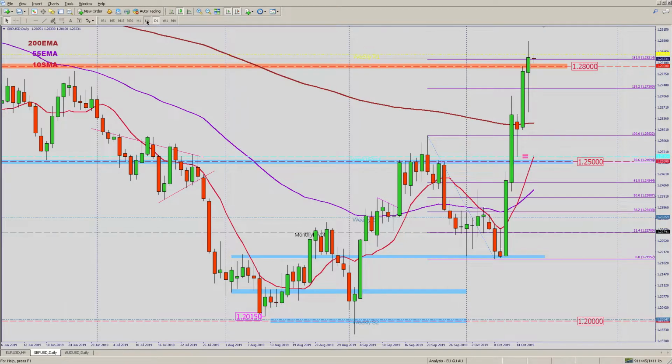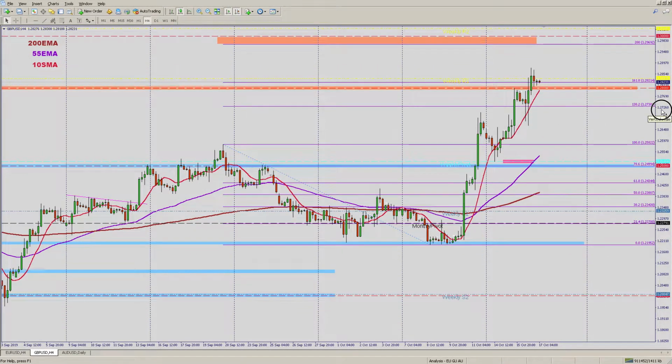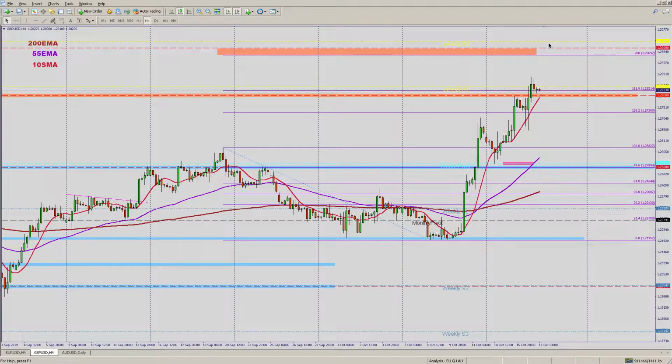All right, let's take a look at the 4-hour time frame. So the next target higher up, if positive news comes out from the negotiations, then it could be targeting the 1.30 psychological level, where there's the 200 pip extension as well at 129.70, and just above there's the weekly R2 pivot at 130.28.